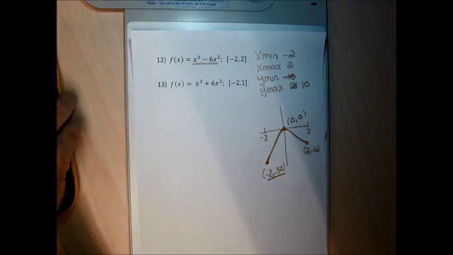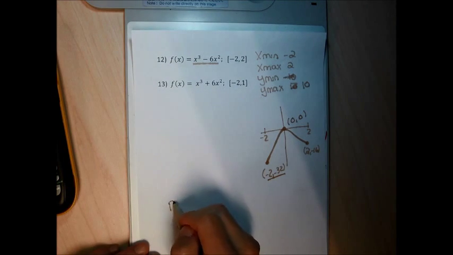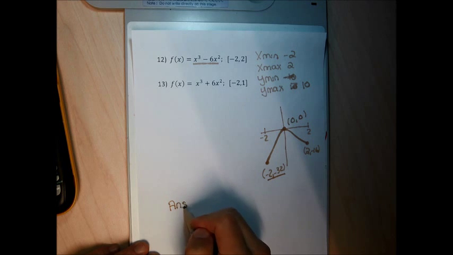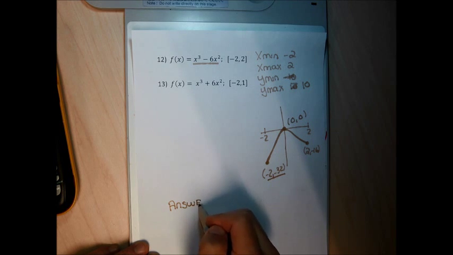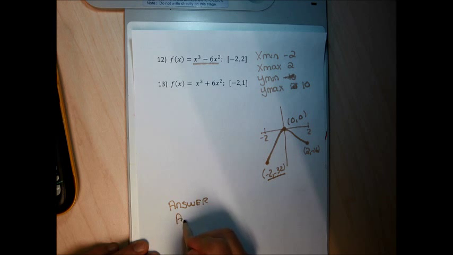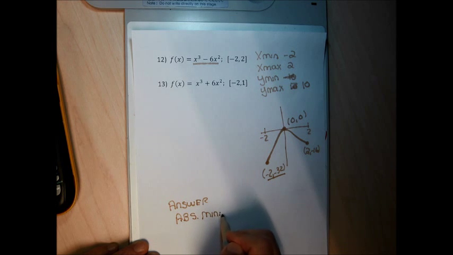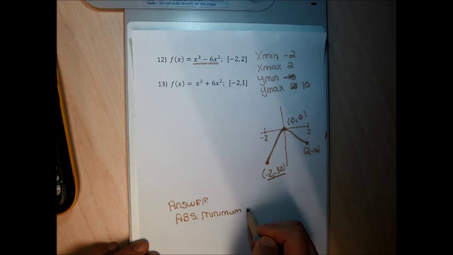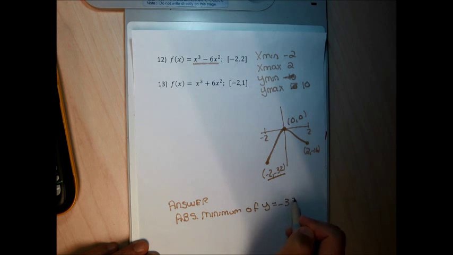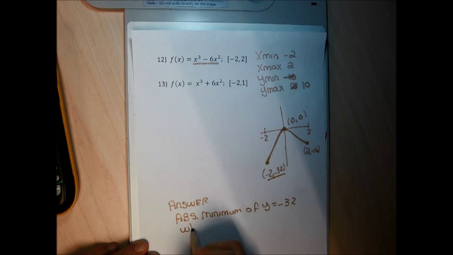My guess at an answer that I have to back up with some calculus is that there's an absolute minimum of y equal to negative 32, which occurs when x equal to negative 2.